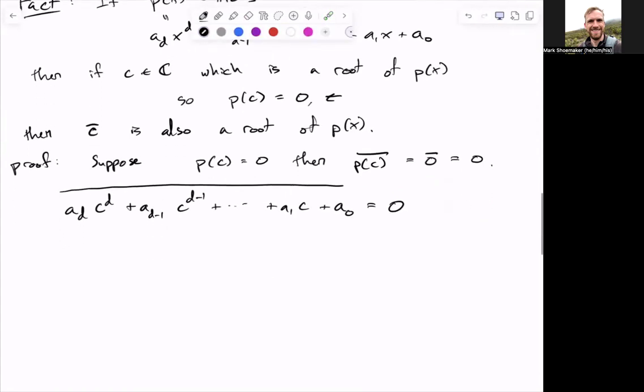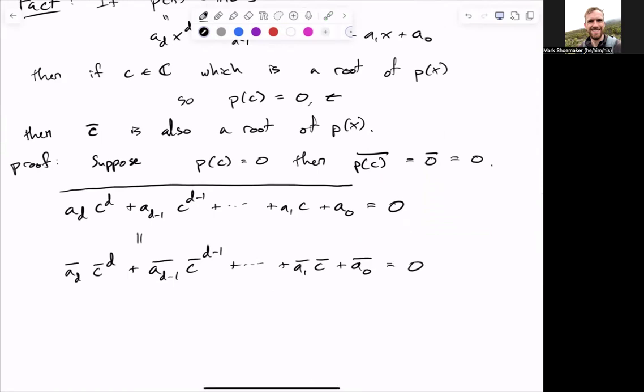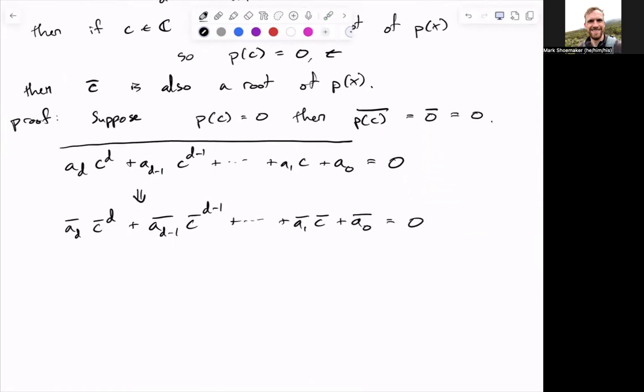But what happens to the left-hand side here? The conjugation operation commutes with sums and products. And so this becomes a_d conjugate, c conjugate to the d, plus a_(d-1) conjugate, c conjugate to the d minus 1, etc., plus a_1 conjugate, c conjugate, plus a_0 conjugate equals 0. And here's where we use the fact that we're assuming that our coefficients are all real.